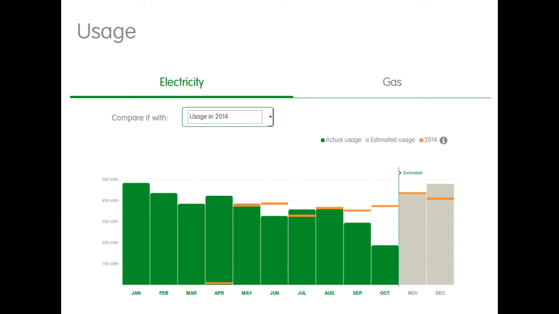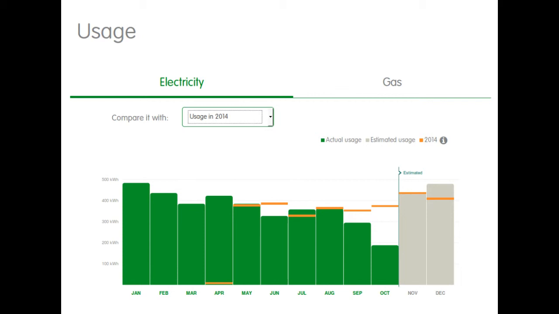That little drop there was because we changed all the light bulbs in the front room to very energy efficient LED bulbs that only draw about 1.2 watts each. So just by changing those bulbs in the front room, which we have on most of the time in the evening, you can see we've made quite a bit of a drop there.